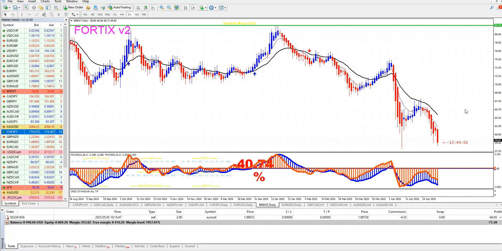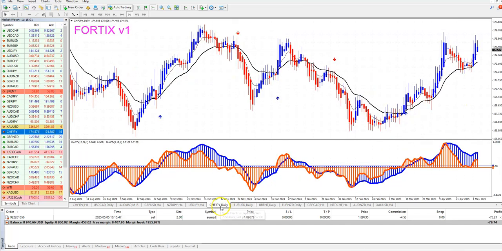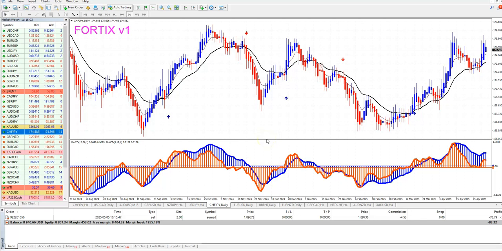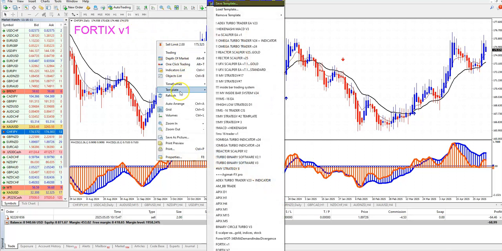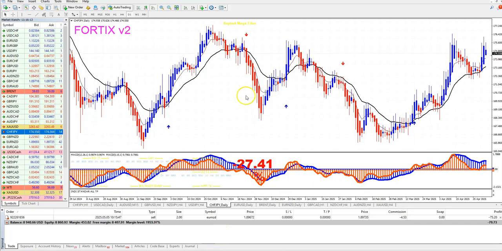So these are some options I am showing you. You see, this is Fortix 1. Let's switch to Fortix 2.